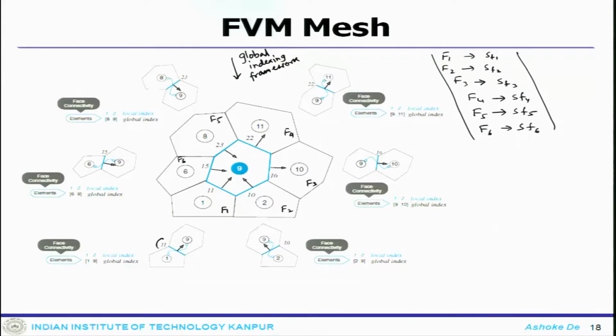Global face number is 11. Okay. So, 11 is common for both element 1 and element 9. Now, the local indexing is for these face connectivity elements. 1, 2 is the local indexing. So, the global indexing would be 1, 9. So, these are elements. Okay. So, this is how you maintain the system.